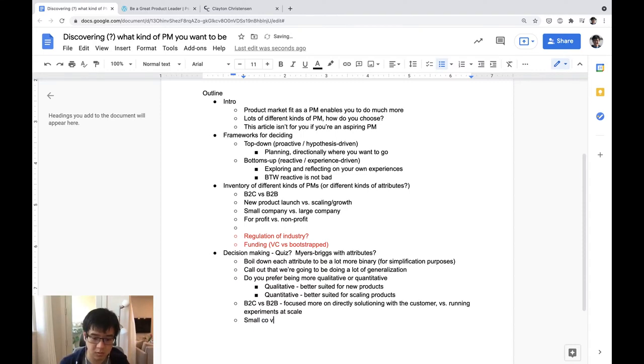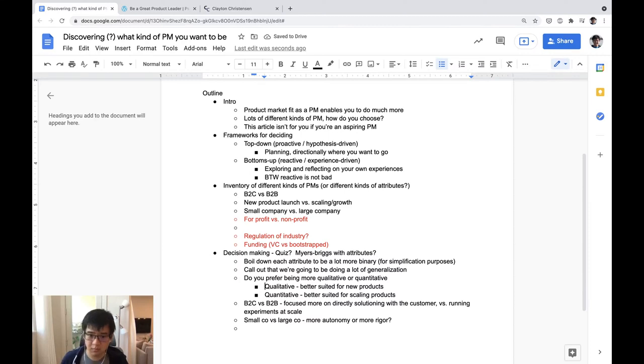Small co vs large co, more autonomy or more rigor. I don't know that I like this one. This one's not that great. So I'm going to put a pin in that.